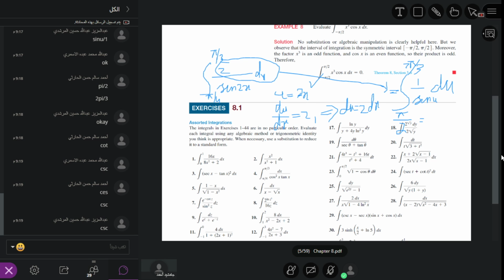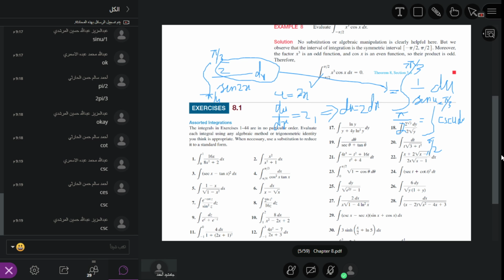Thus we get cosec u du, with limits from pi by 2 to 2 pi by 3.